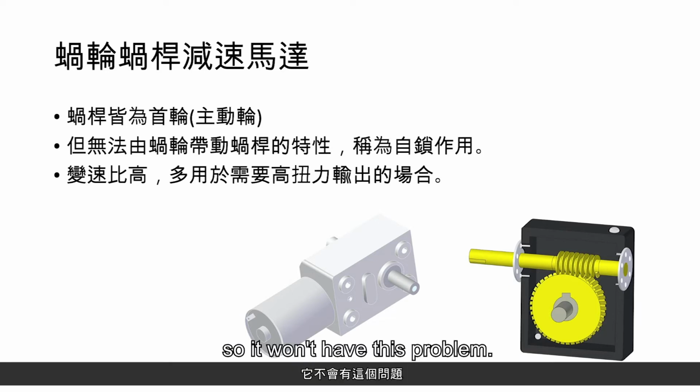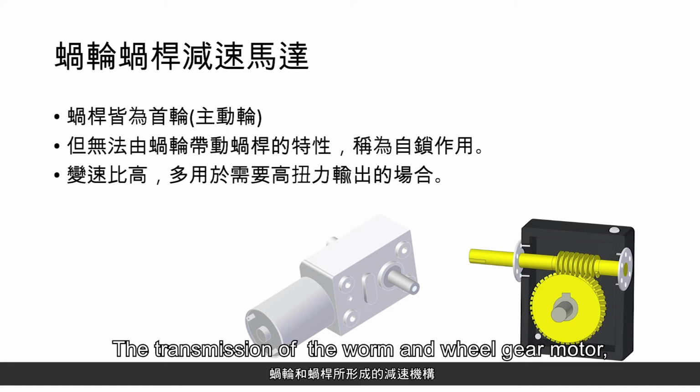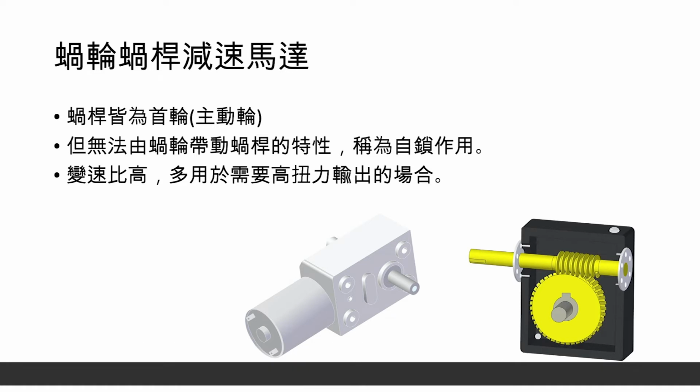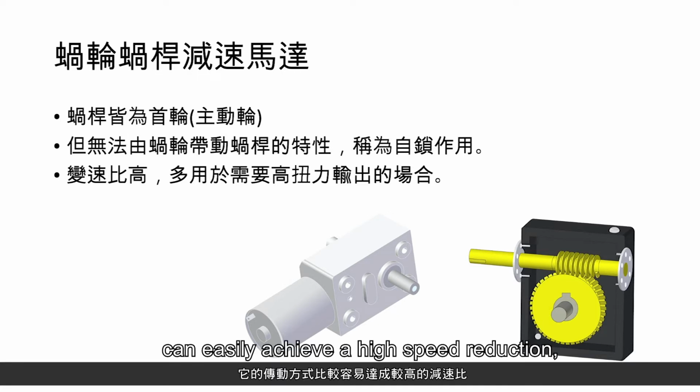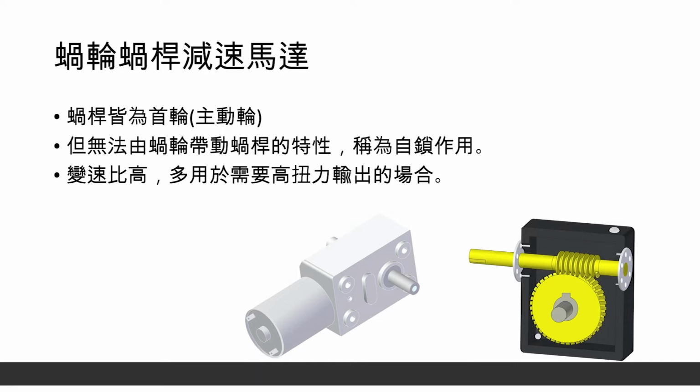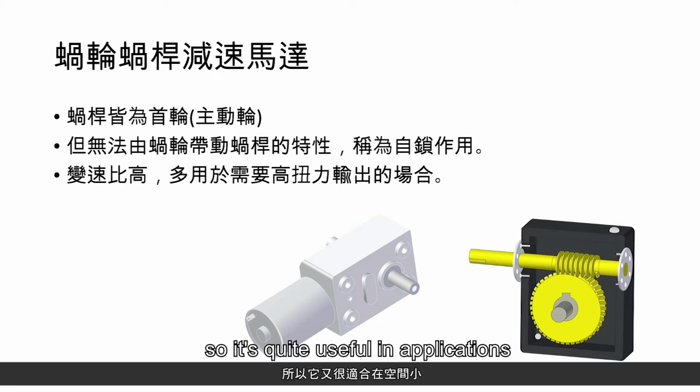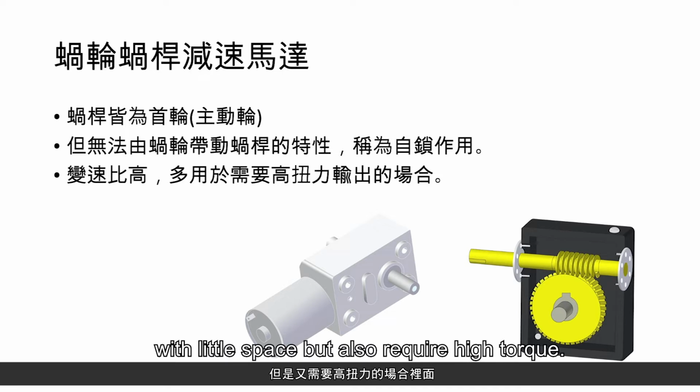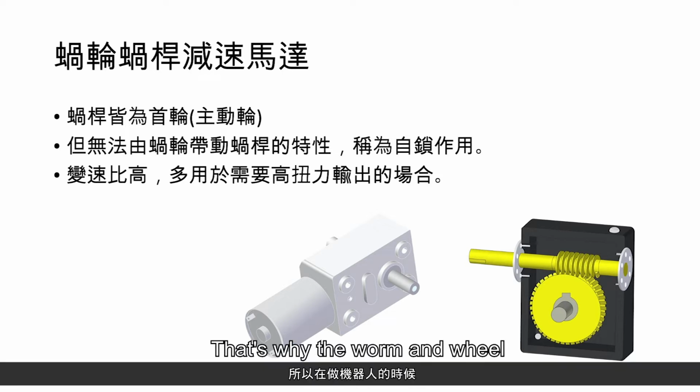The transmission of the worm and wheel gear motor, compared to the other planar gears mentioned before, can easily achieve a high speed reduction. So it's quite useful in applications with little space but also require high torque. That's why the worm and wheel gear motor is frequently used in lifting mechanisms in robots.